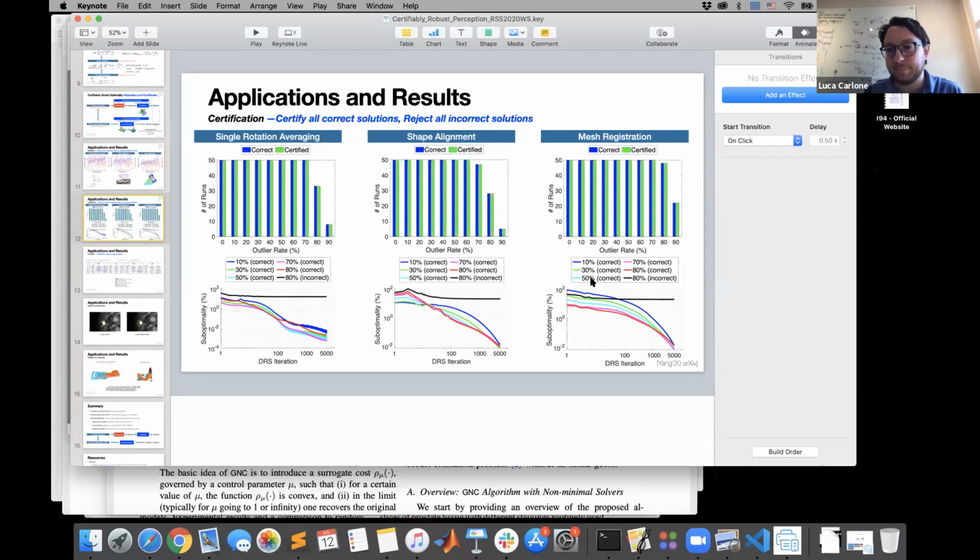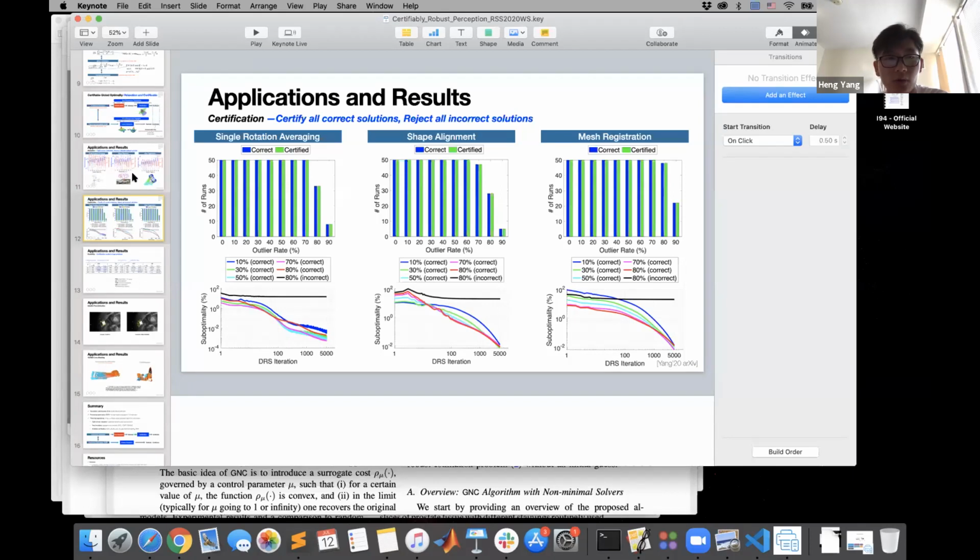Yes, the first question Kaso asked is regarding whether the certification relies on empirical tightness. I think that's definitely yes. In the certification, we are actually certifying the relaxation. We're not certifying the original problem directly. Which means that if you don't have a tight relaxation, then the certification will also not work.